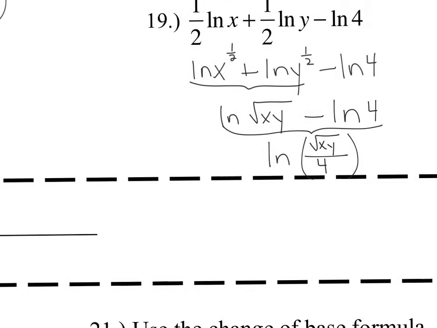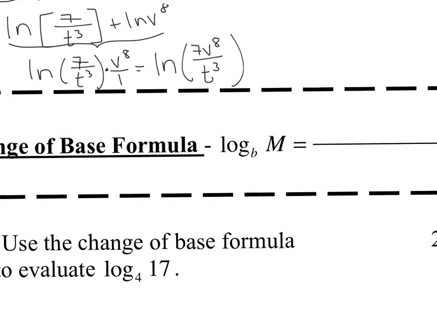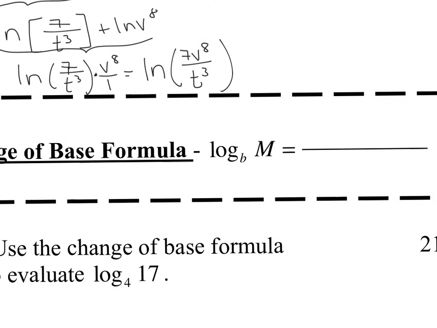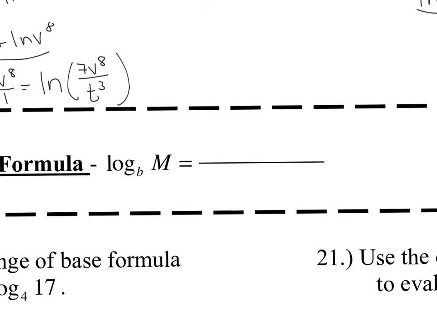And the last thing we're going to do is the change of base formula. The change of base formula we use because not all calculators can change bases. They're all base 10, your graphing calculators, your scientific calculators. So you can't evaluate something like a log base 6 because it's not base 10. Your calculator only does base 10.